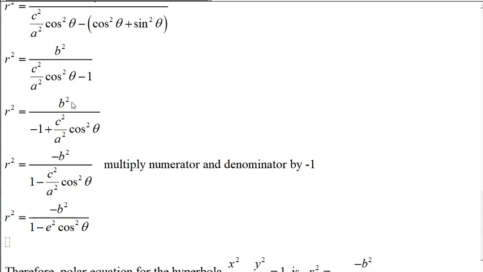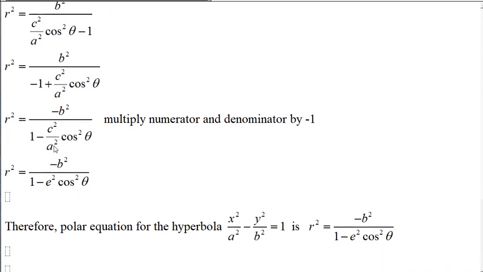Multiply the numerator and the denominator by negative 1. b squared times negative 1 is negative b squared. Negative 1 times negative 1 is 1. And then multiply this expression by negative 1, which is negative c squared over a squared times cosine squared theta.